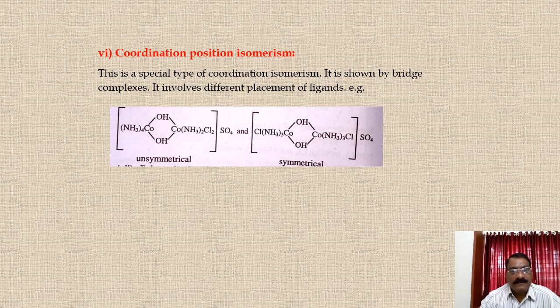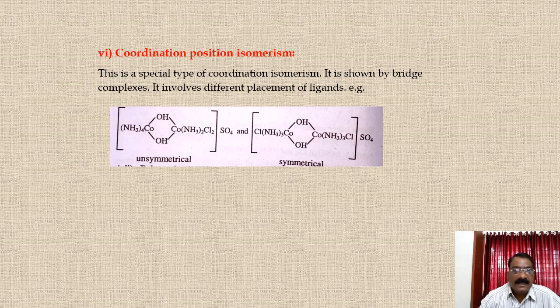Coordination position isomerism. This is a special type of coordination isomerism. It is shown by bridged complexes. It involves the different placement of ligands; the place of the ligand is replaced. See, [(NH3)4Co(μ-OH)2Co(NH3)2Cl2]SO4 and [Cl(NH3)3Co(μ-OH)2Co(NH3)3Cl]SO4.